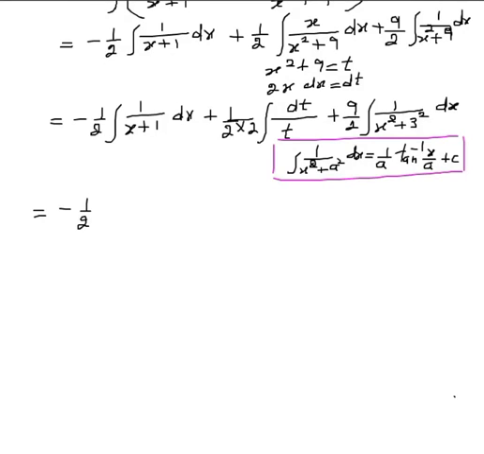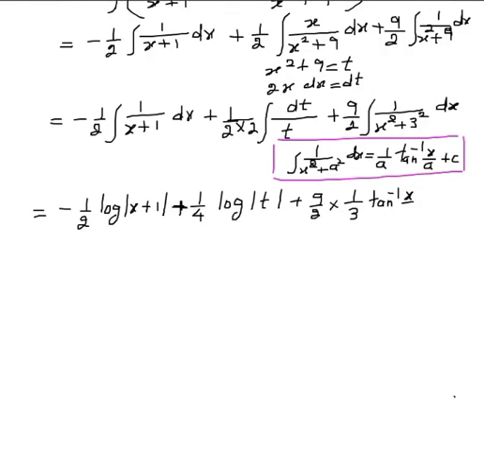Let us integrate and write minus half. This is a linear function, so it becomes log of absolute value of x plus 1, plus 1 by 4. This is also a linear function. Log of absolute value of t, plus 9 by 2 times 1 by a. A here is 3. Tan inverse of x divided by 3, and plus c. We need to substitute for t.